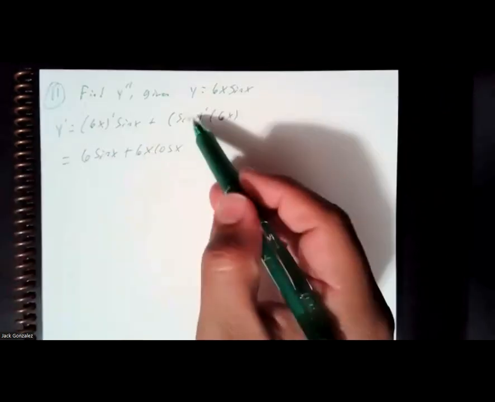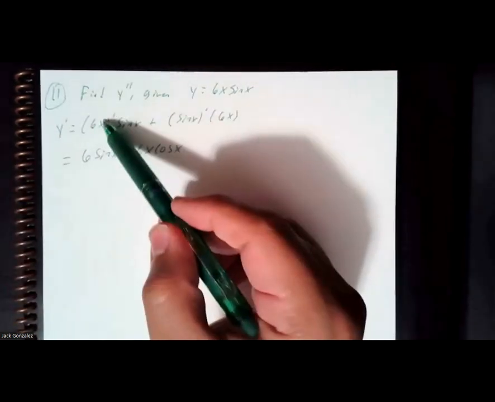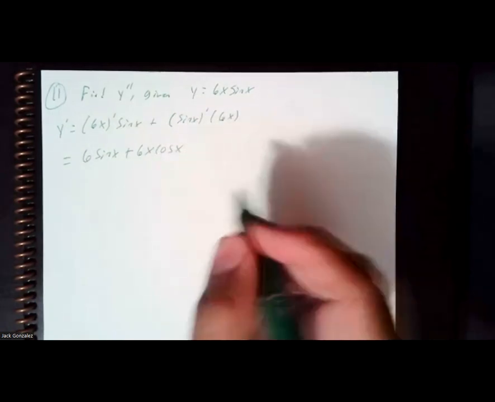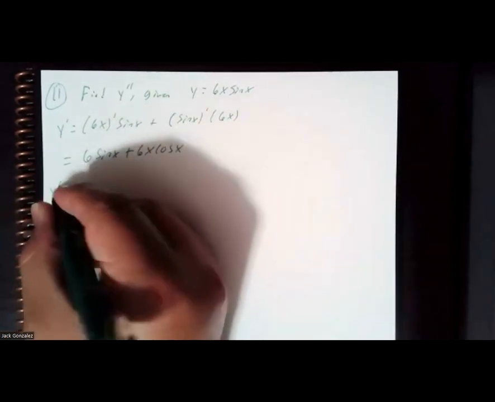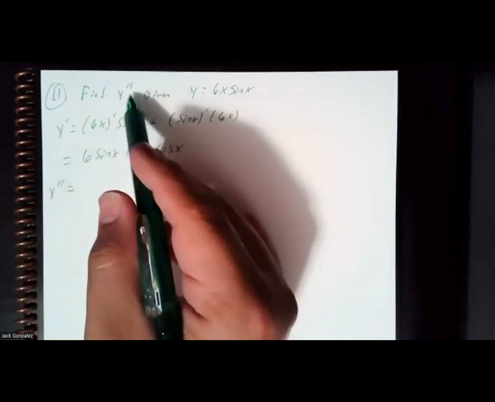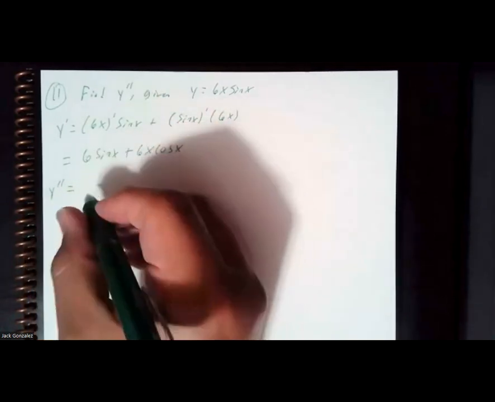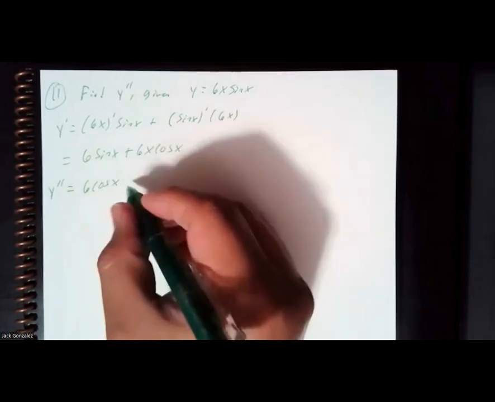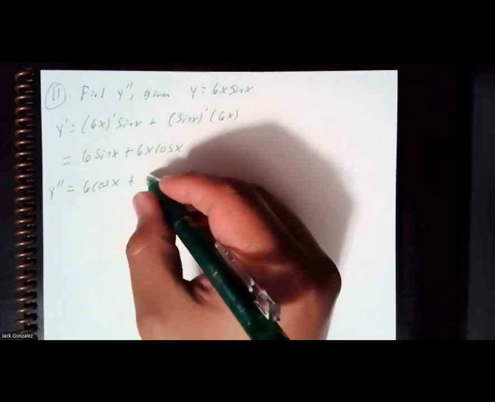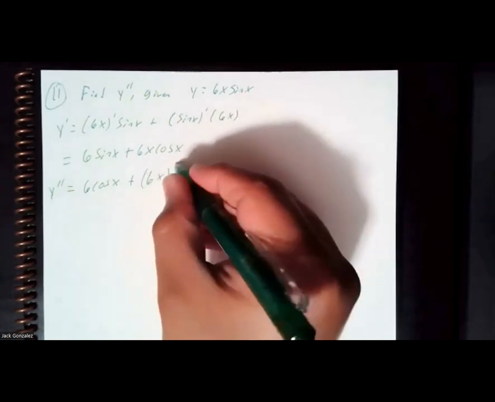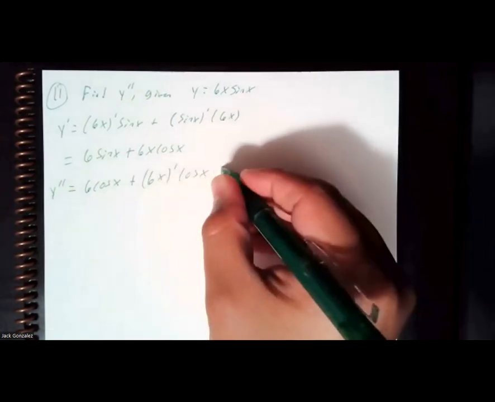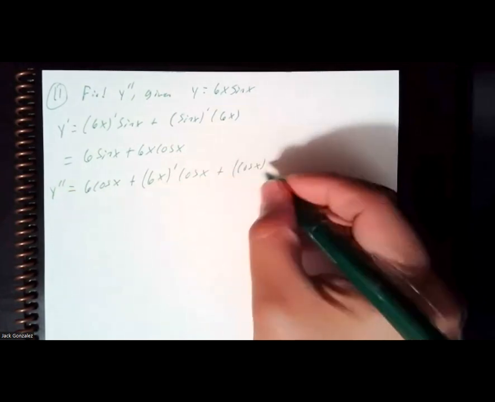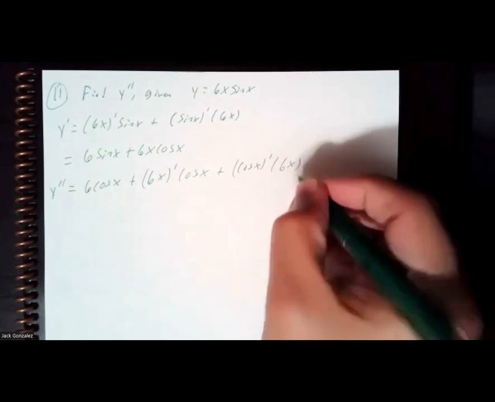My derivative of sine is cosine. Derivative of 6x is 6. And I just rearranged it. I'll do it again. They want double. Derivative of 6 sine will be 6 cosine. Derivative of this will be another product rule. So derivative of this times this plus derivative of this thing times 6x.